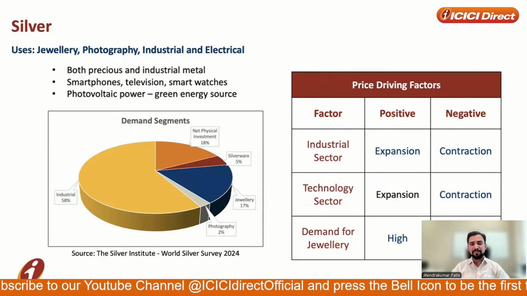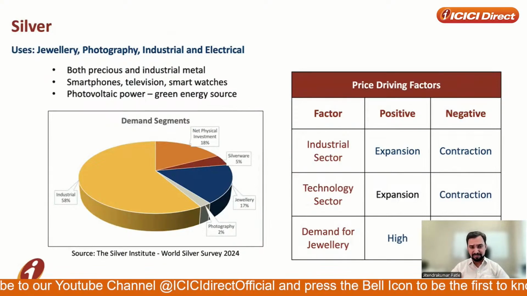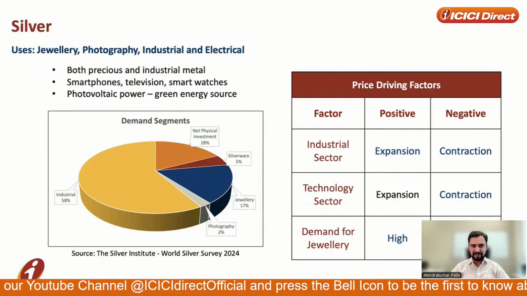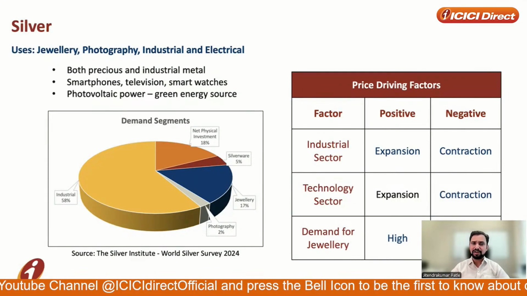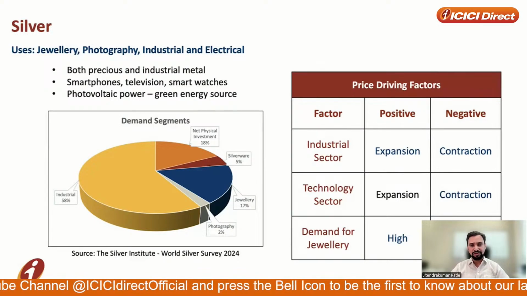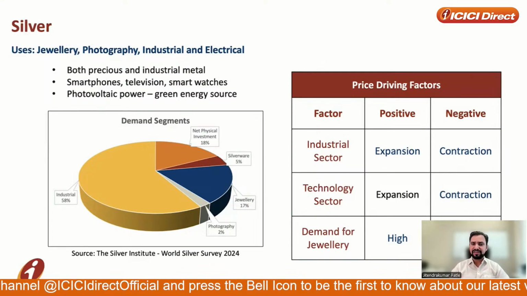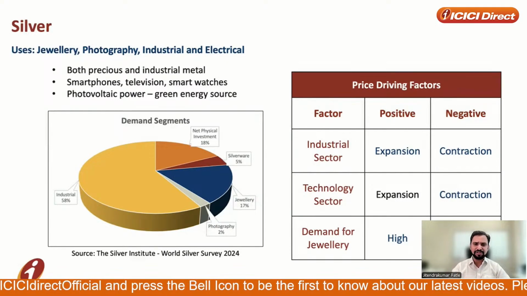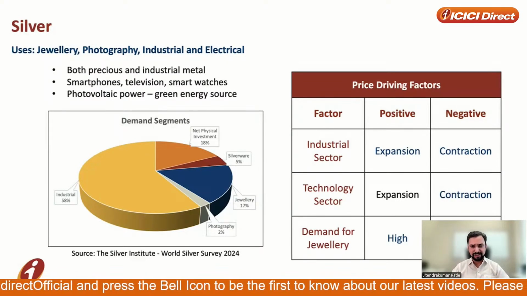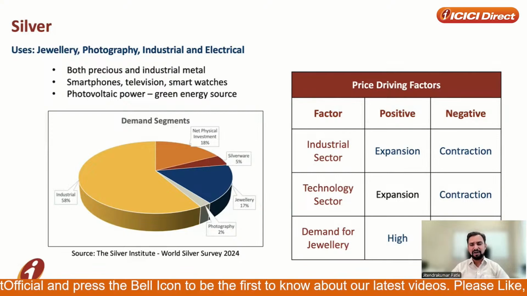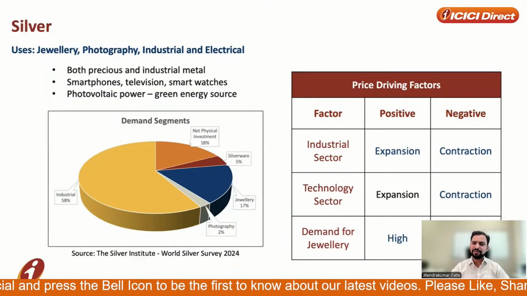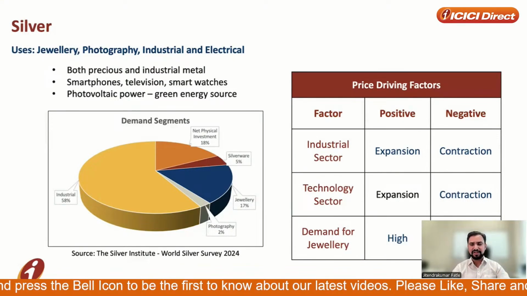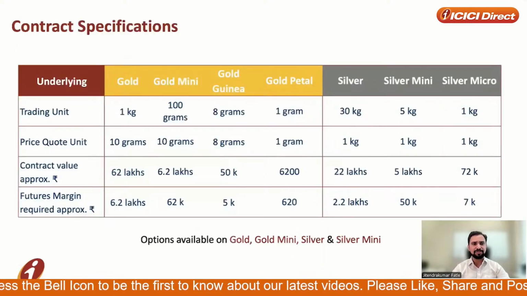Talking about technology, silver is used in mobiles, televisions and smartwatches. If there is expansion in this sector, it will help the prices of silver. And third is jewelry, where approximately 15 to 20% is used. So if there is high demand for jewelry, prices of silver will go up.